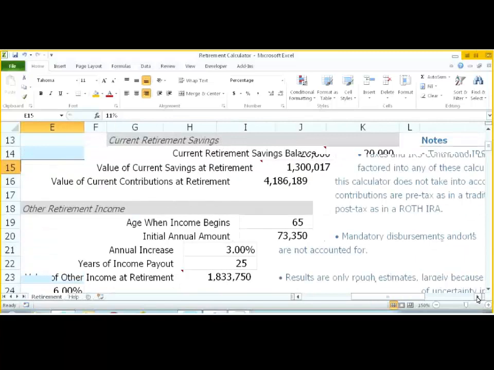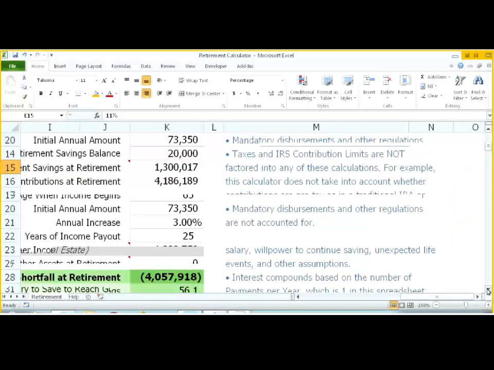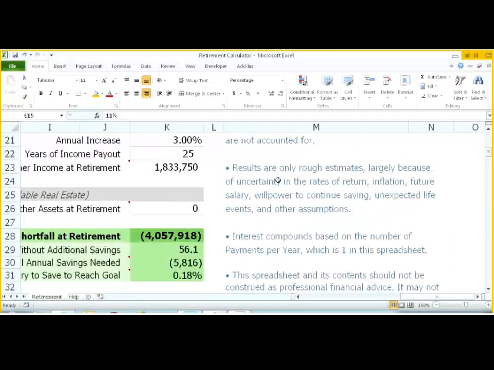It actually goes over here, and it has some disclaimers, and it says results are only rough estimates, largely because of the uncertainty of the rate of returns. That was the 6 versus 8 versus 11. Inflation, because we don't know what inflation is going to be. Your future salary, your willpower to continue saving, unexpected life events, and other assumptions.